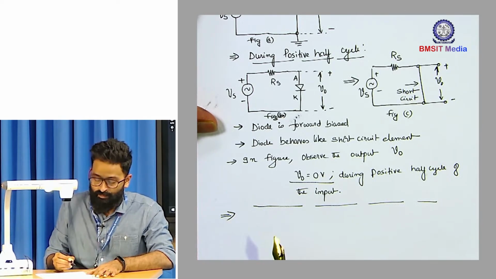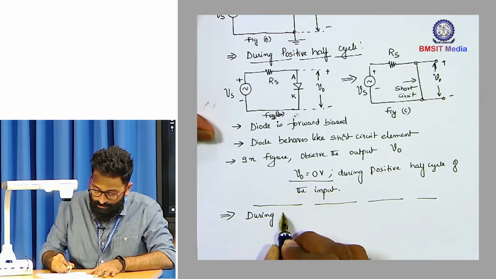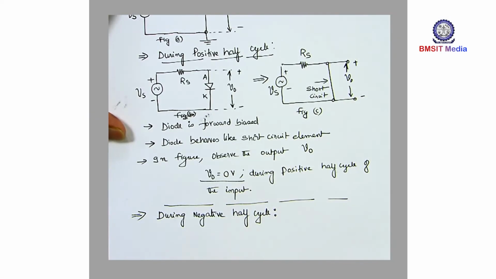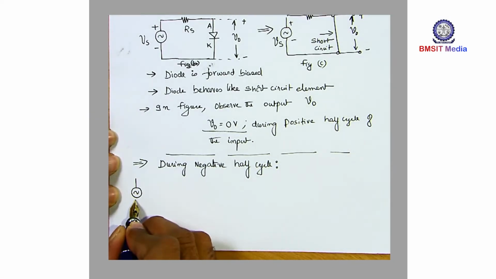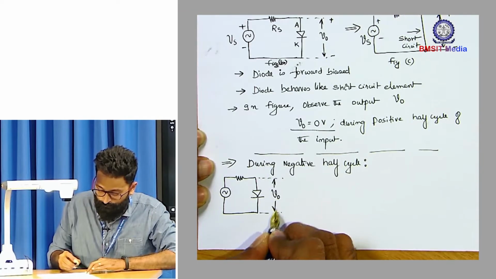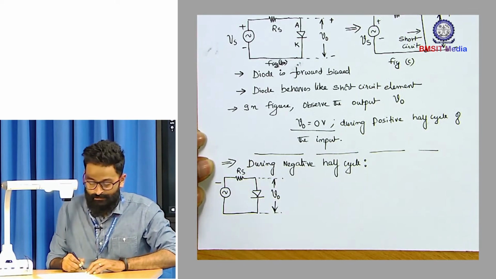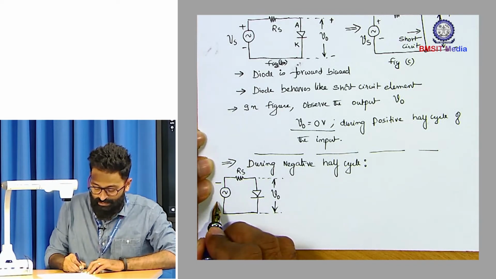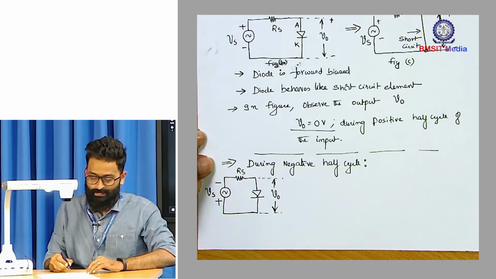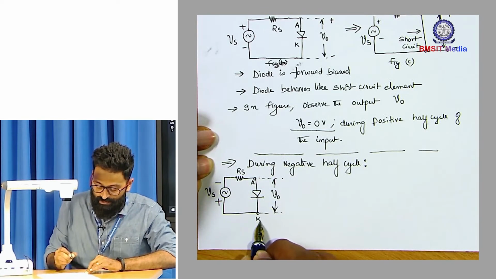Now let us see what happens during the negative half cycle. Let's write: during negative half cycle. First of all, you have to assign the polarity. For the negative half cycle, we take the upper side as the negative terminal and the lower side as the positive terminal. This is the anode side of the diode and this is the cathode side of the diode.